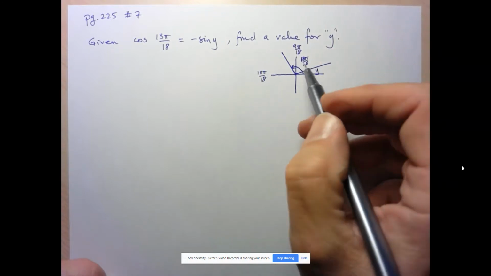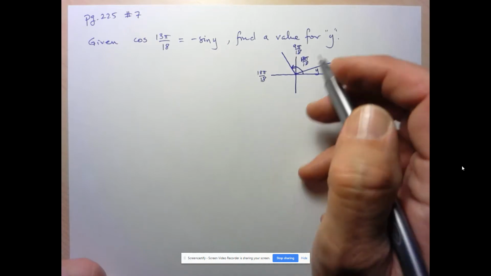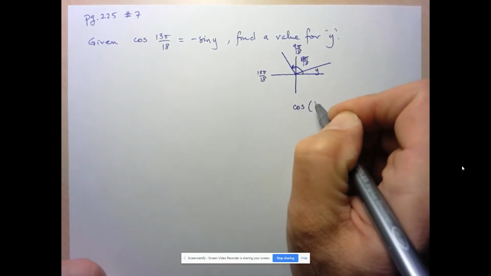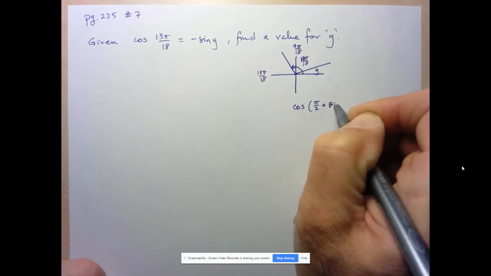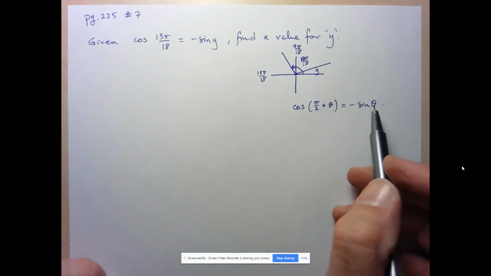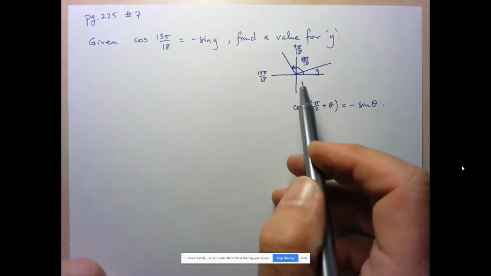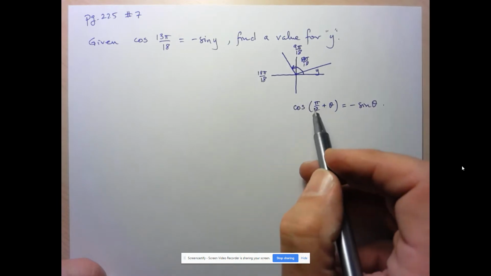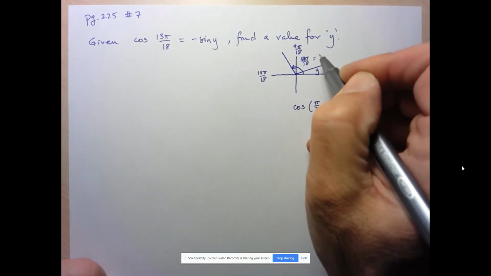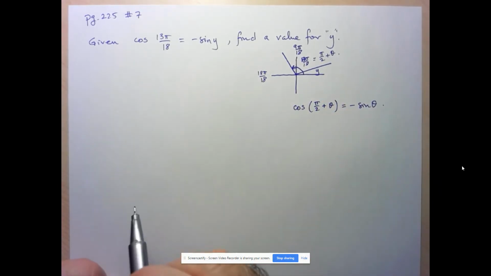Well, let's remember what identity relates these two angles here. We know that cos of pi over 2 plus theta is equal to the negative of sine theta. So here, if theta is my angle y in the first quadrant, the one that I'm looking for in the second quadrant would just be pi over 2 plus theta. So this angle here needs to be equal to pi over 2 plus theta, and that'll solve my equation.